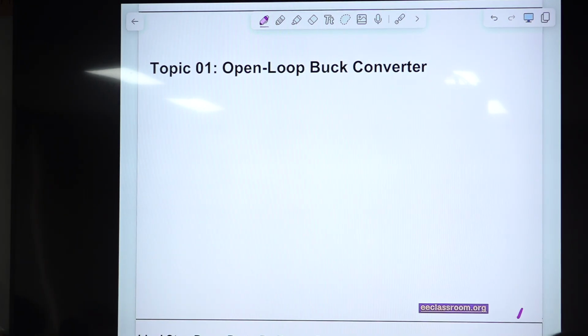First topic is the open loop buck converter. The objective of studying this is the very basics of the DC power converter for beginners, and for some students never exposed to power electronics and PWM converters. So this is a very good point to start.